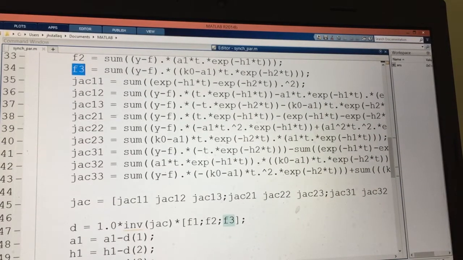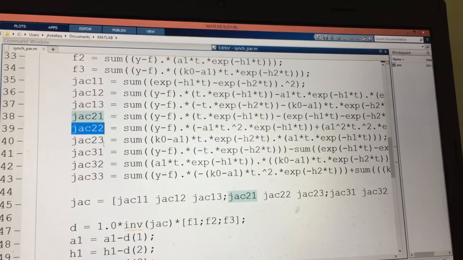Jac 1 1 is the derivative of f1 with respect to A1. 1 2 is f1 with respect to H1. 1 3 is the derivative of f1 with respect to H2. Similarly, Jac 2 1 is the derivative of f2 with respect to A1.